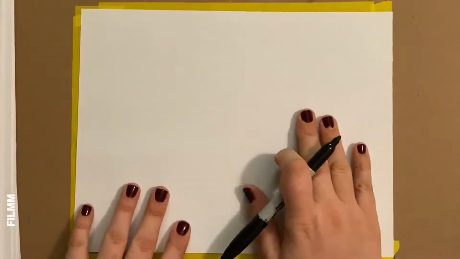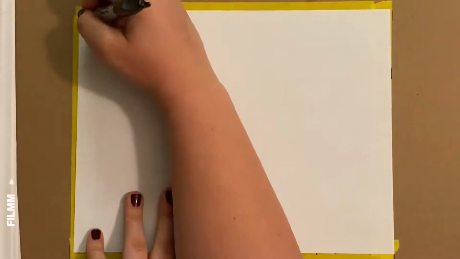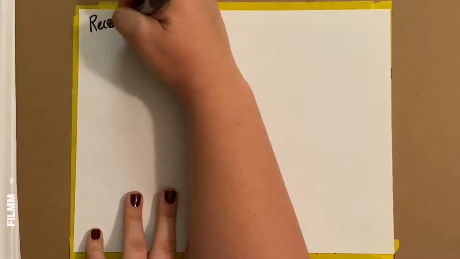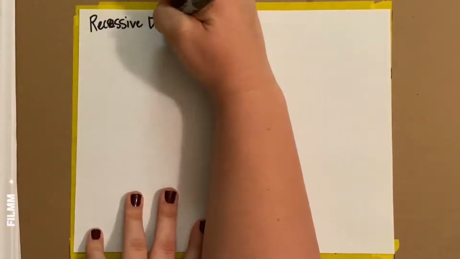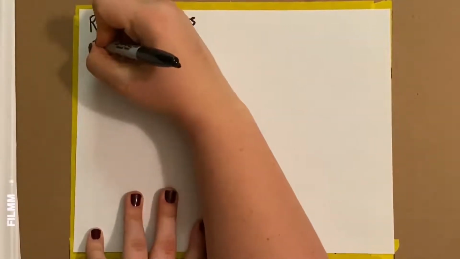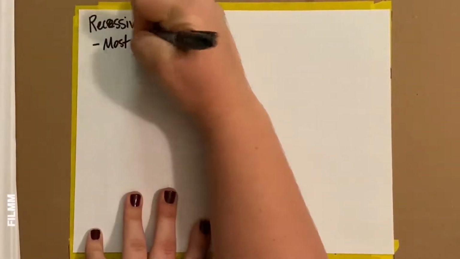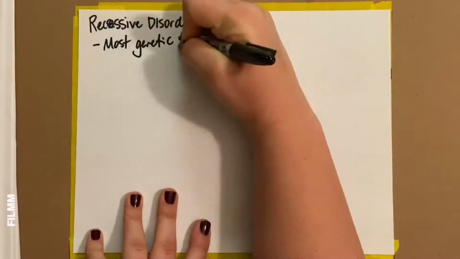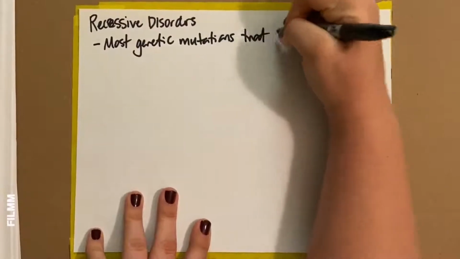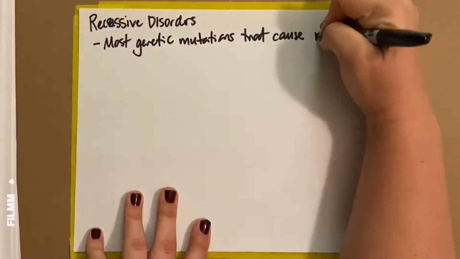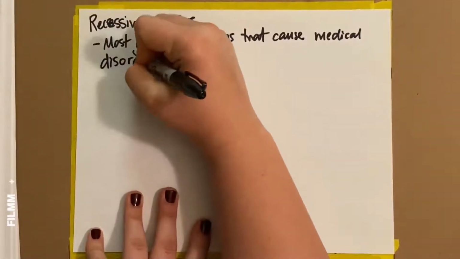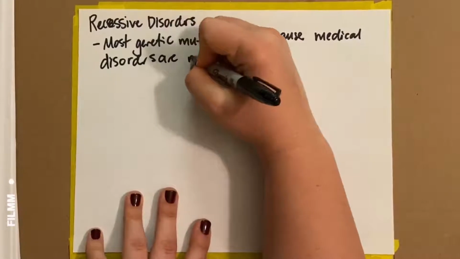Now, some of the things that are really studied well are going to be recessive disorders in humans. Okay, and so most genetic mutations that cause medical disorders are recessive.